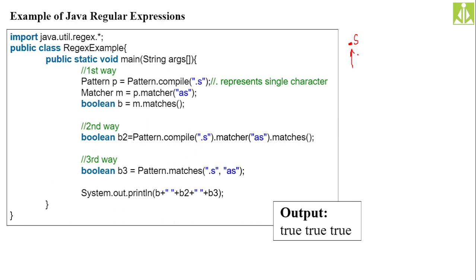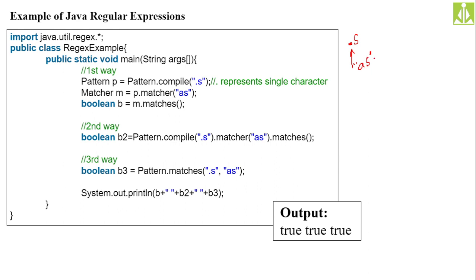So if I take as, and a string we have to pass in double quotations, this string satisfies this pattern, because here in place of dot we have the character a, and the second letter is s.